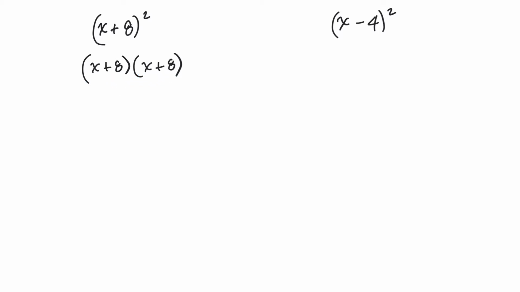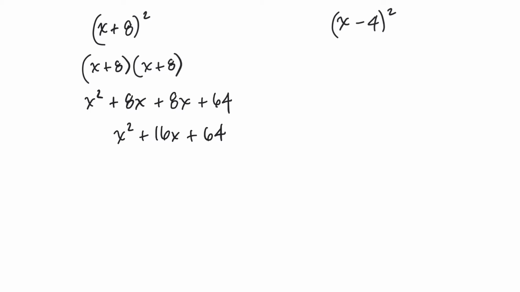So I've got x times x, which is x squared, and then x times 8, so plus 8x. And now I move to the 8, and I've got 8 times x, which is also 8x, and then 8 times 8, which is 64. I can combine my like terms, and so I get x squared plus 16x plus 64.